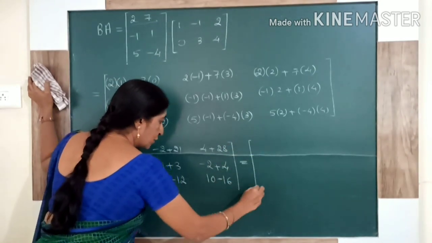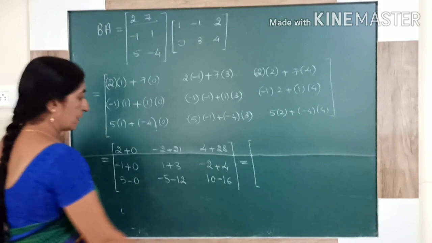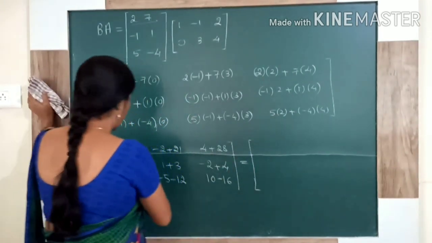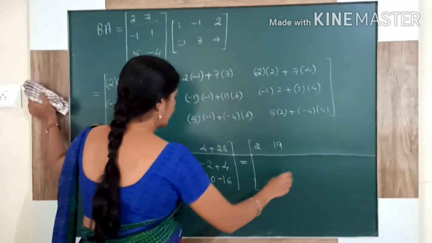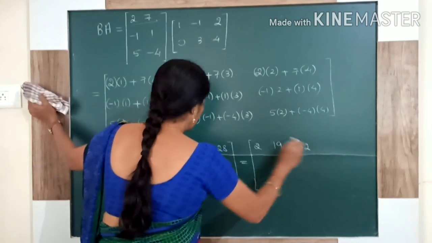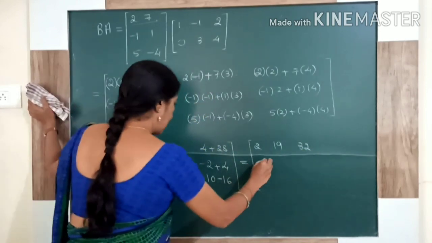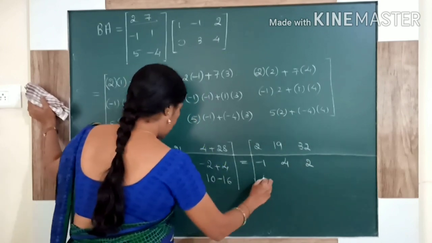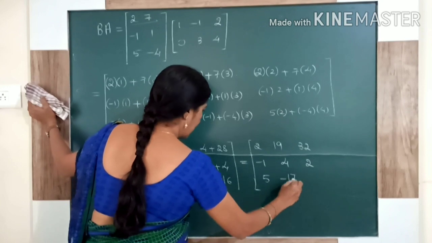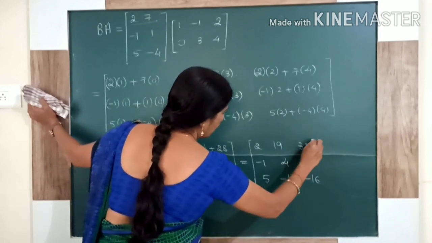After multiplication, just simply add these, then simplify. 2, 19, 32, minus 1, 4, 2, 5, minus 17, minus 16.